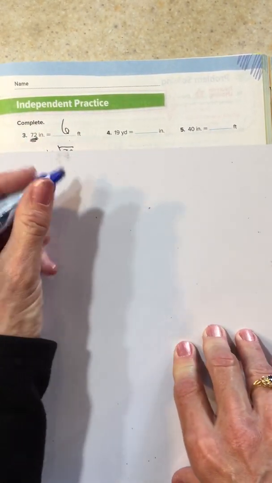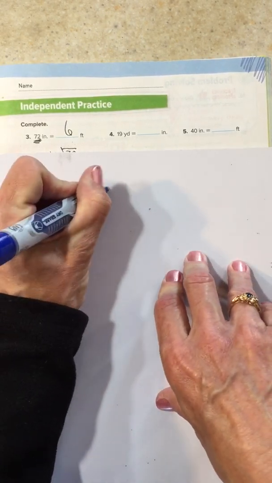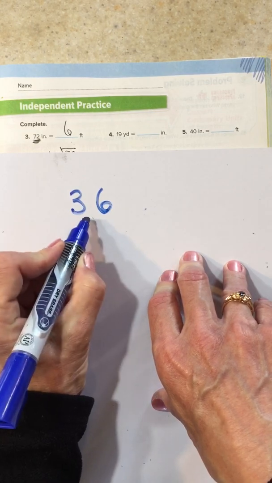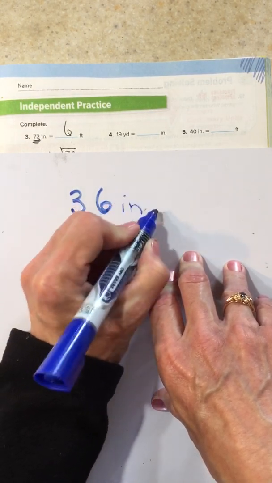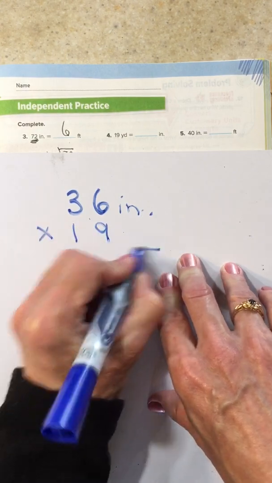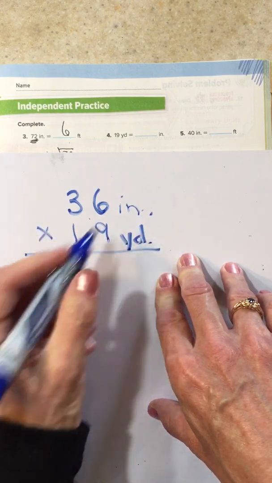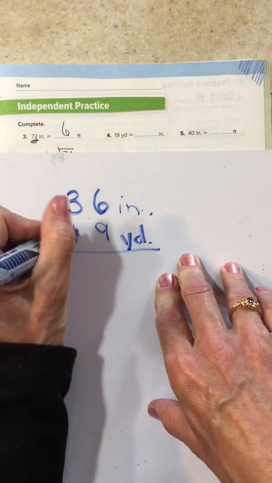I like my big number on top, so 36 inches are in every yard, times the fact that we have 19 yards laid end to end. How many inches will that be? 36 inches times 19 yards.